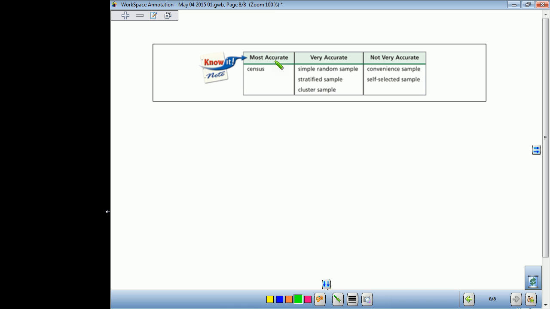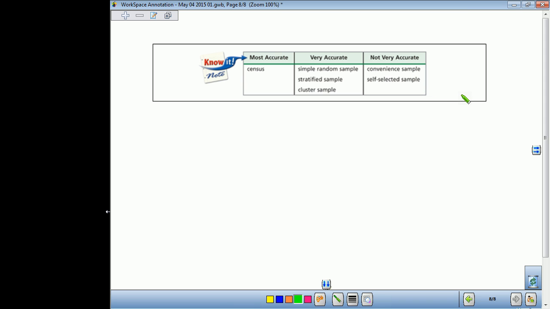Okay, the last thing. The most accurate would be a census. Very accurate would be a simple random sample. And after that, stratified would be next, and cluster would be third best, kind of. Ones that are not very accurate at all would be a convenient sample and a self-selected sample.